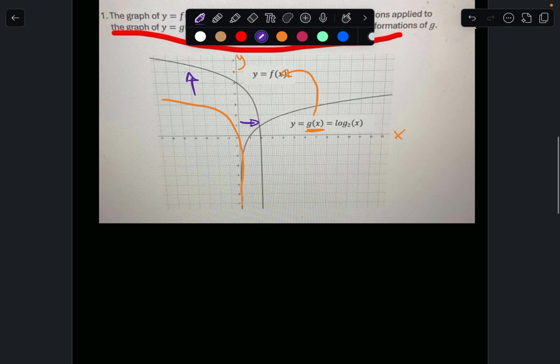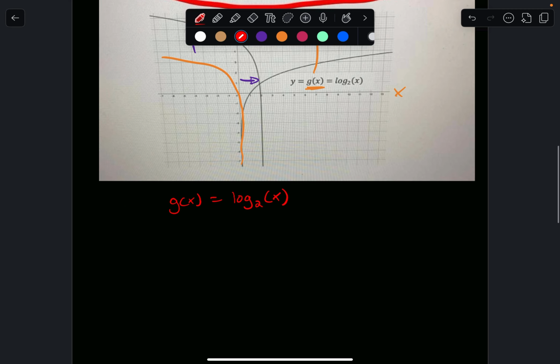Okay, so we know that g of x is equal to log base 2 of x. We have to flip first. x gets reflected over the y-axis, so let's make our x negative.